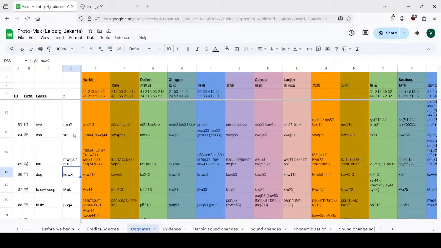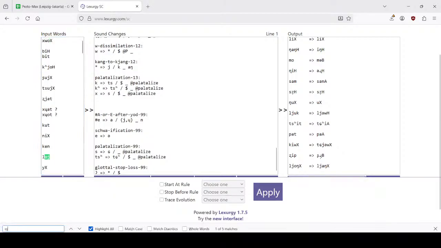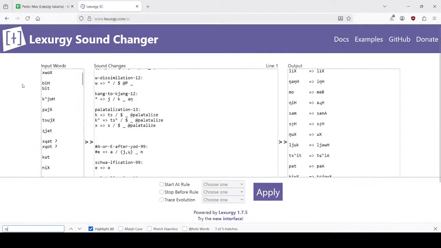We have the ui rhyme, and we also have separately an oi rhyme, I think. In the word for back, I think. So if we control F oi, yeah, we have oi.